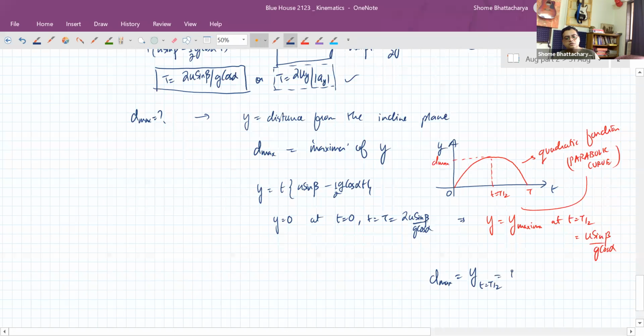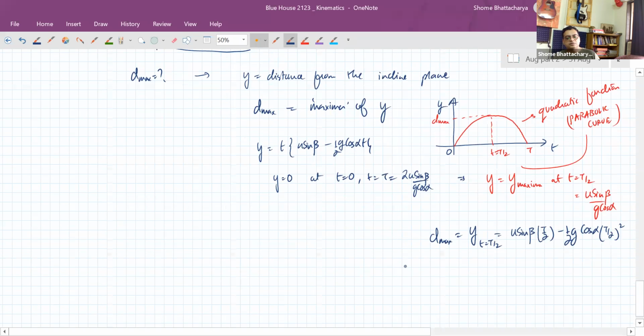So it's going to be u sine beta into T by 2 minus half g cos alpha into T by 2 whole square. Now we'll substitute the value of T by 2 from above. So it is u sine beta into T by 2, which is u sine beta divided by g cos alpha.